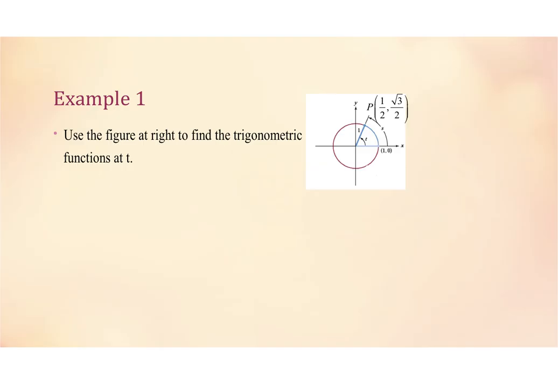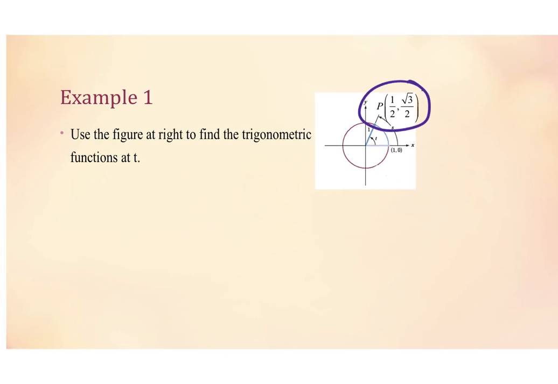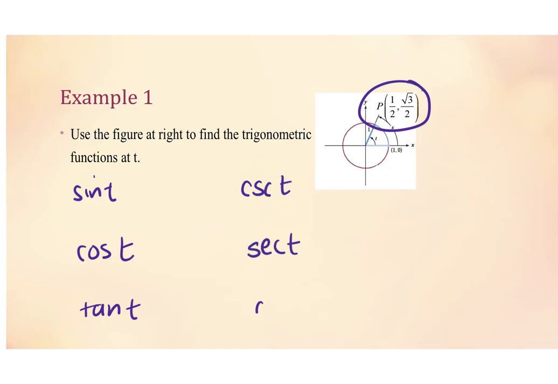Here it says, use the figure at the right to find the trig functions at t. This time I gave you the coordinate point. Eventually you'll have to know that based on the angle. So: sine of t, cosine of t, tan of t, cosecant of t, secant of t, and cotangent of t.